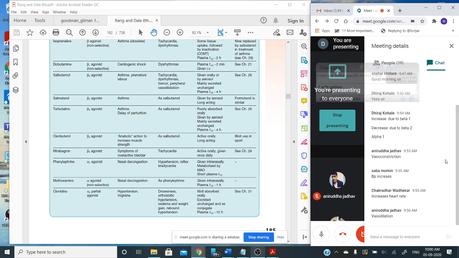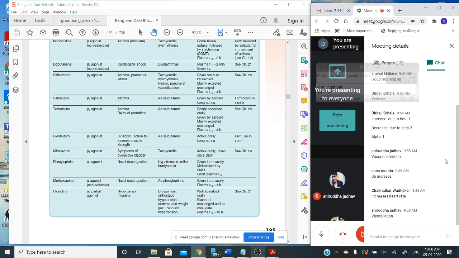Similarly, we have seen various neuronal uptake inhibitors. Out of that, around 70% of the drug comes back as uptake. If that uptake is inhibited, it will also cause neuronal depletion.